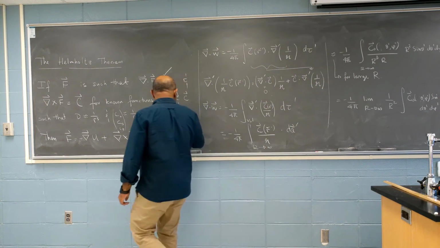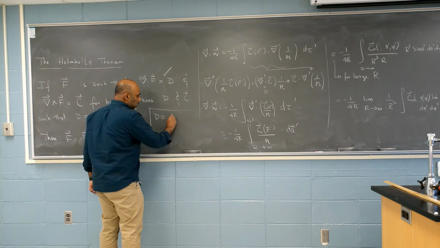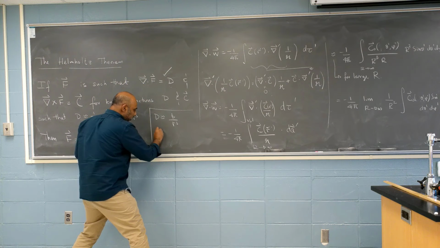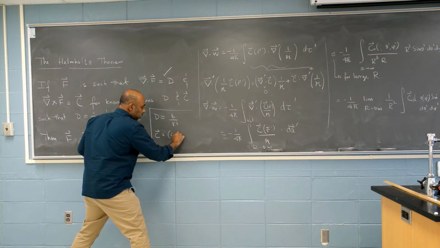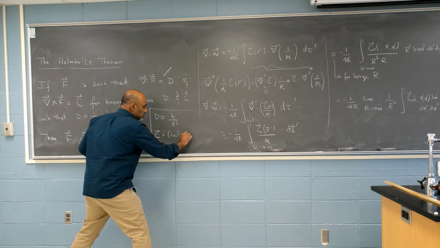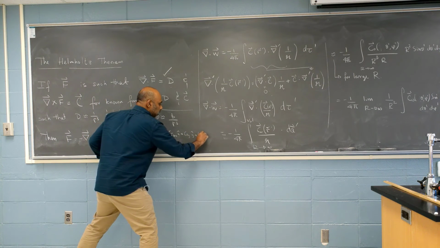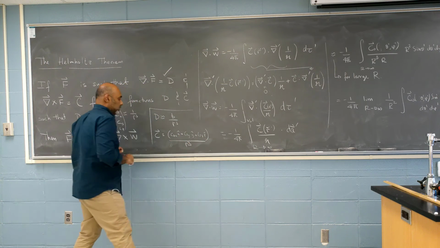Again, I want to be very clear. Remember, I wrote D for large R to be B over R cubed. So C is a vector. So I have to say C0, some constant in the X direction, plus C0, some constant in the Y direction, plus C0Z in the Z direction, over R cubed.